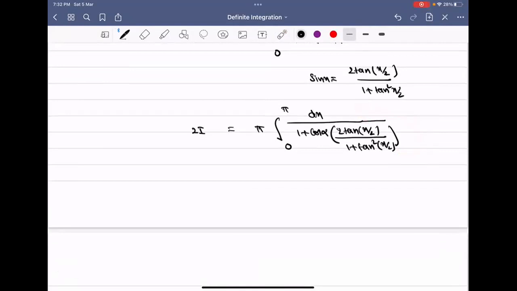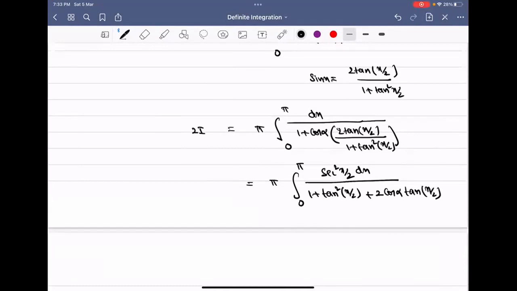Then this is equal to pi into integration from 0 to pi of 1 plus tan square x by 2, that is, you can write that as secant square x by 2, secant square x by 2 dx, over 1 plus tan square x by 2 plus 2 times cos alpha into tan x by 2.